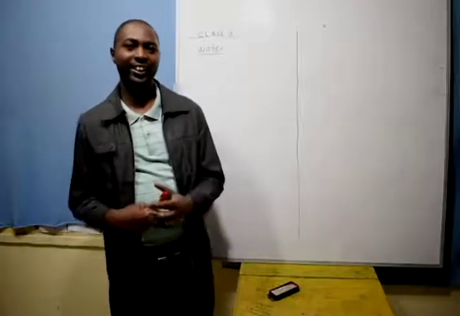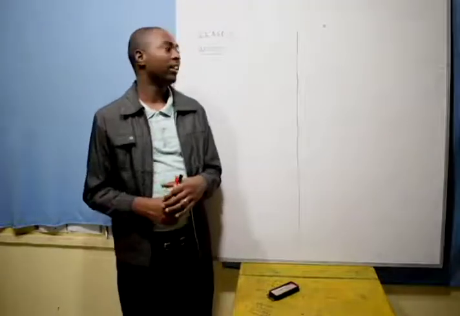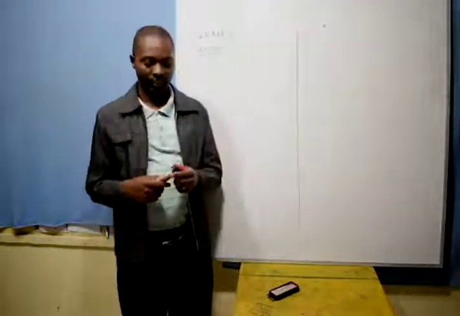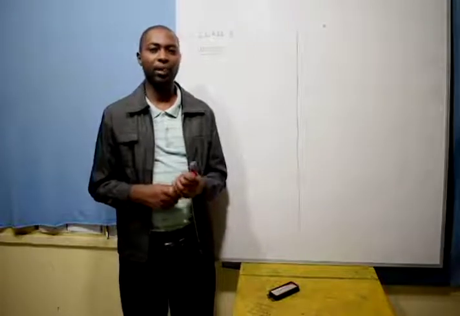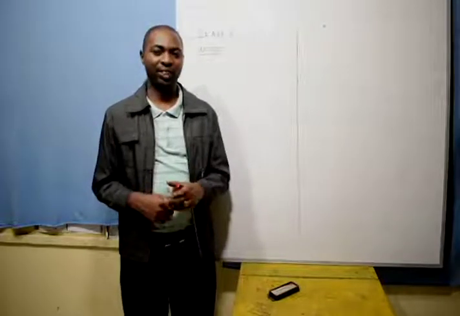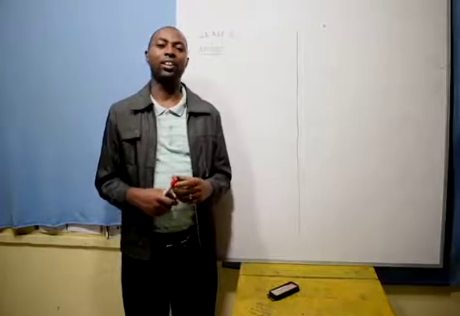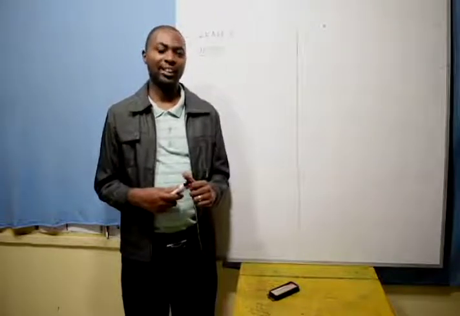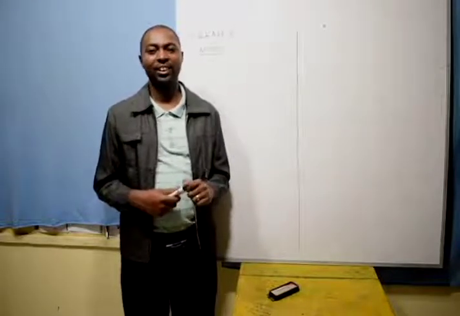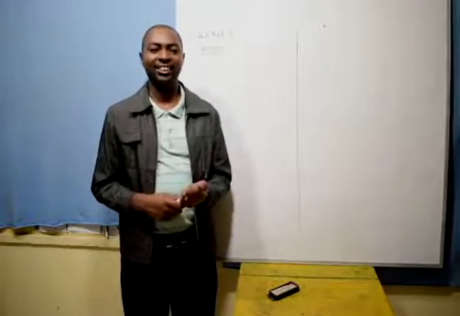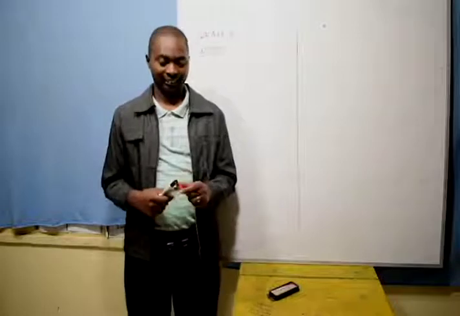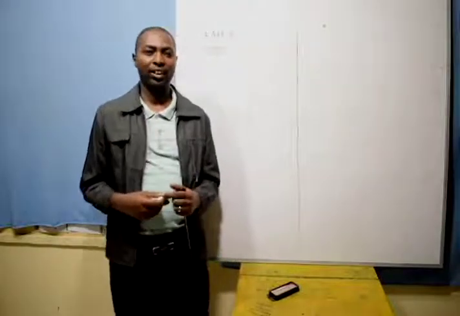Okay, once more, class 8, good evening. I'm going to take you through water, and water is one of the major components of the environment, and water takes the largest percent of the earth's surface, but very rarely does water exist in its pure state. Remember that water.